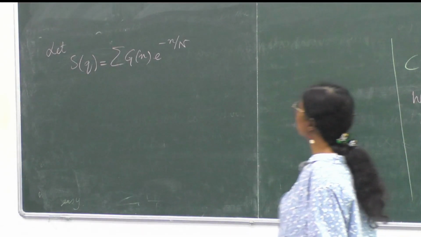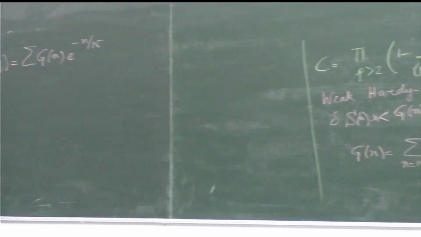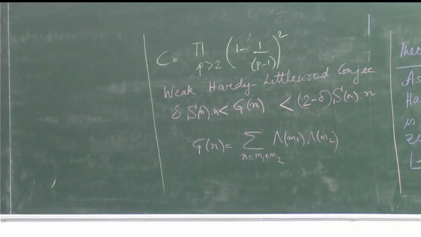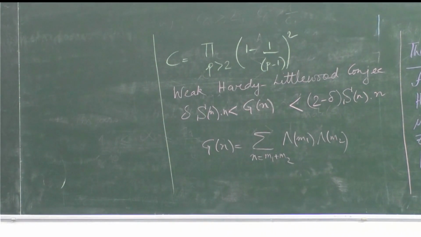Okay, the weighted Goldbach generating function. So this is the S of Q that they take, which is classical. The way is this G is for 2, but earlier the G was for 3.